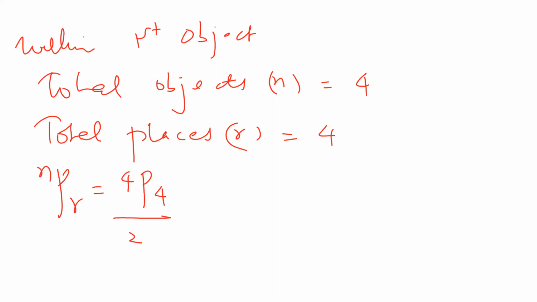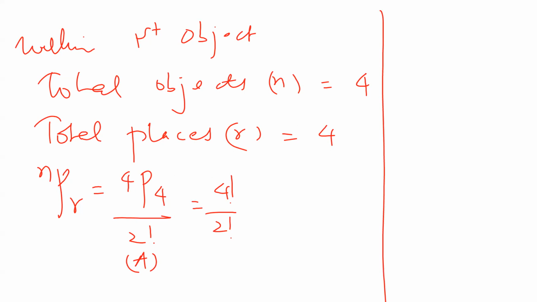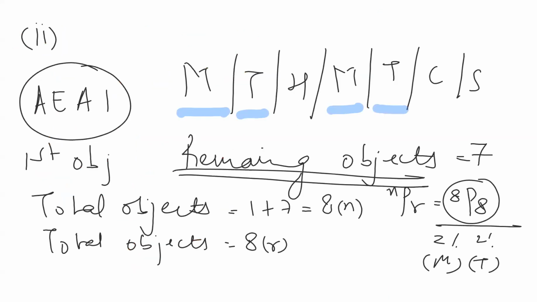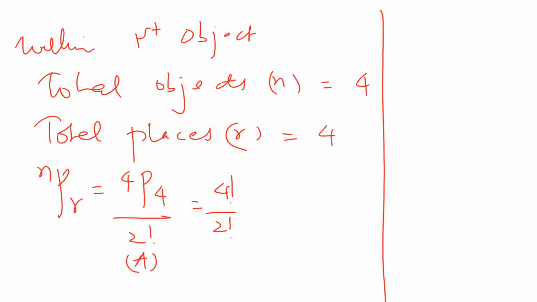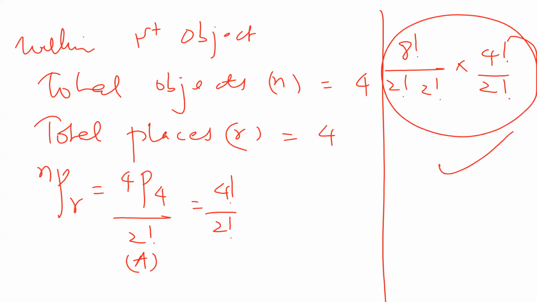Now we'll take A into consideration. So this is the answer. Now the overall answer for the second part is we have to multiply both the things. That is 8 factorial upon 2 factorial, 2 factorial, into, within the first object, 4 factorial upon 2 factorial. This is the final answer.